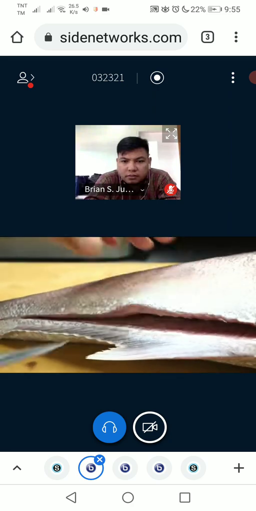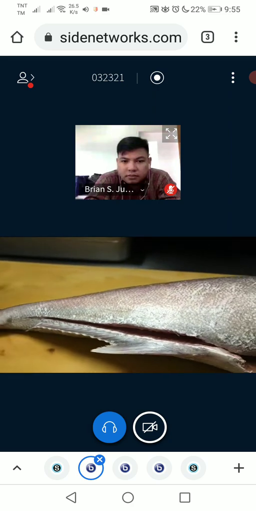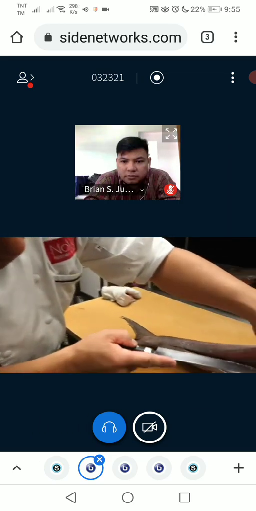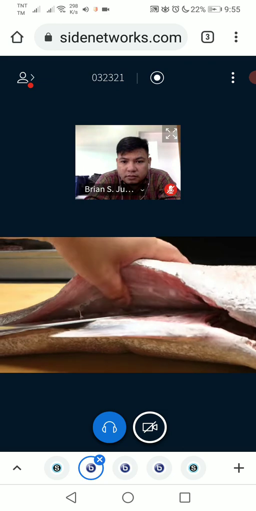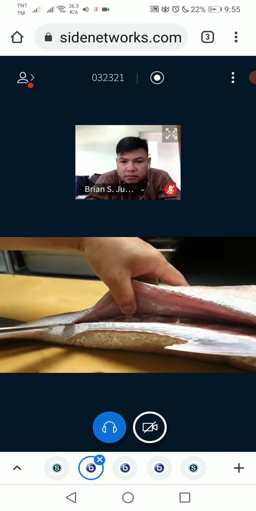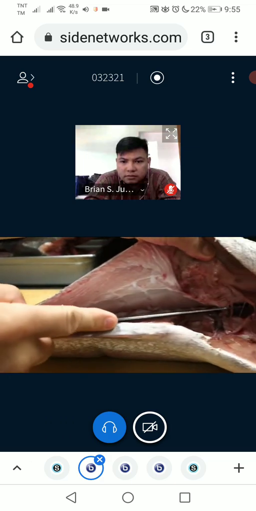Actually, the fish comes like this, right? And here is the biggest bone, all the way. So that's your guide. You just want to cut right above that.